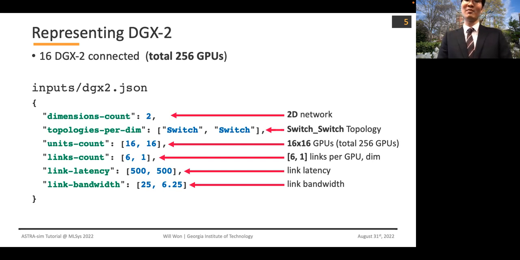If you multiply them, we have a total of 256 GPUs. For links, in the first dimension we had 6 NVLinks, but in the second dimension we only have 1 InfiniBand link, that's why 6, 1. The link latency for now, just set it to 500 nanoseconds. But for link bandwidth, I set the correct numbers: 25 gigabytes per second for each NVLink, and 6.25 gigabytes per second for the InfiniBand switch.